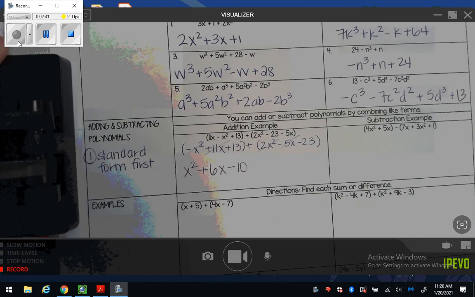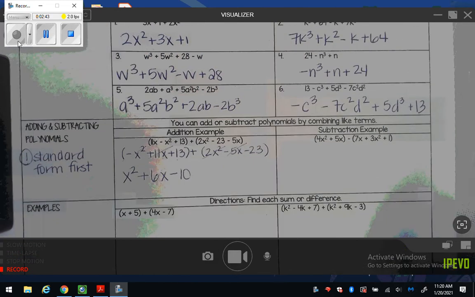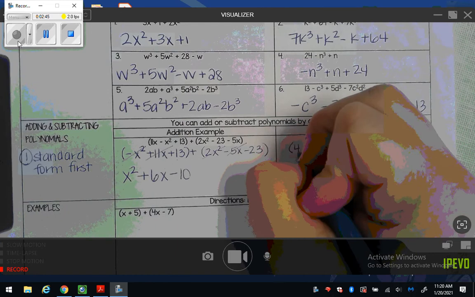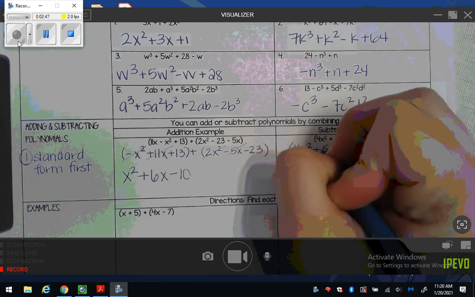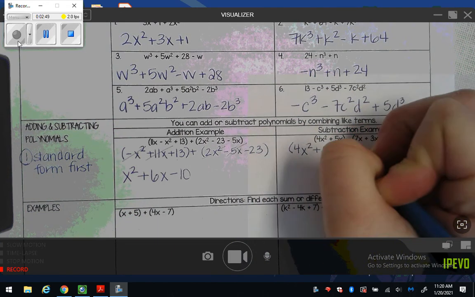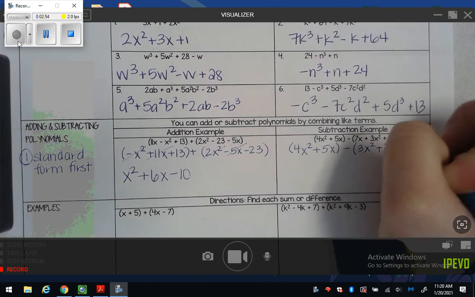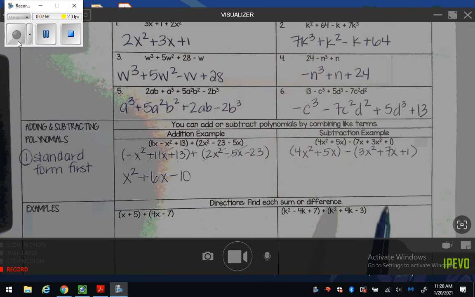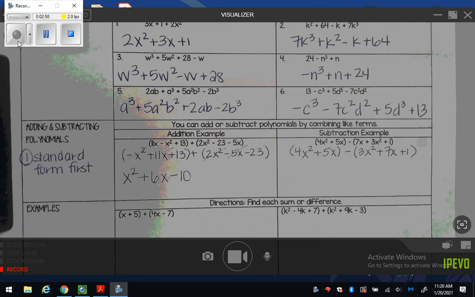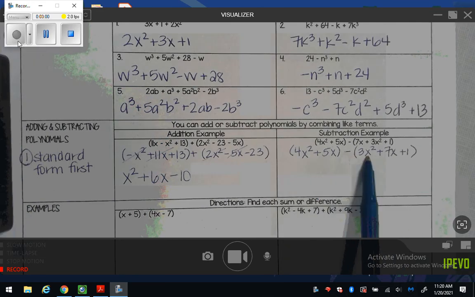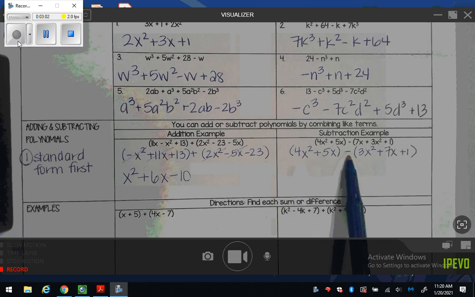Now, this next one, I'm going to put it in standard form. This already is. So 4x squared plus 5x is already in standard form, minus 3x squared plus 7x plus 1. Okay? Now, look for the largest exponent in both parentheses because that's going to be important. Squared and squared, so we're good. 4x squared minus 3x squared.